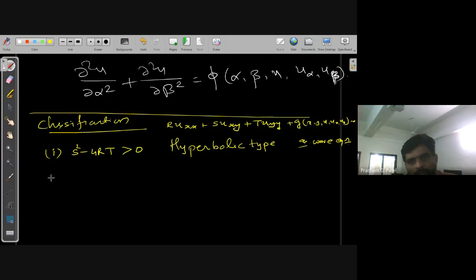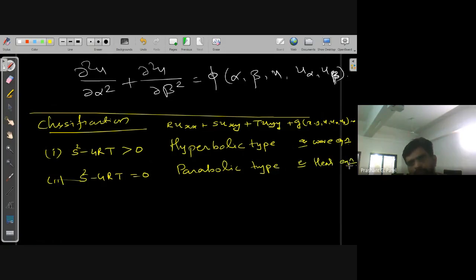Second, if s square minus 4rt is equal to 0, then it is called parabolic type, and the example of a parabolic type is the heat equation that we have talked about. And the third one, where s square minus 4rt is negative, is elliptic type, which is the Laplace equation.